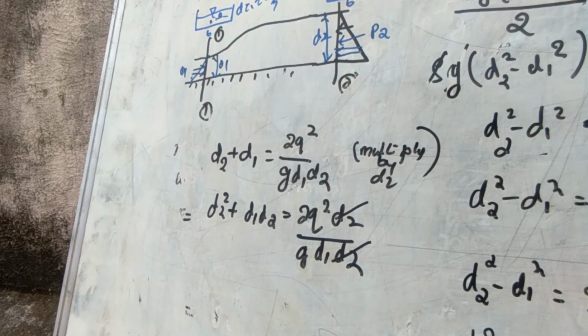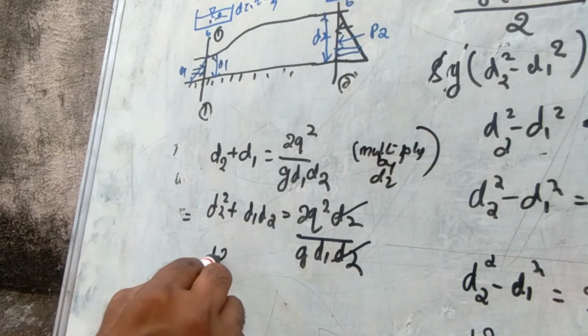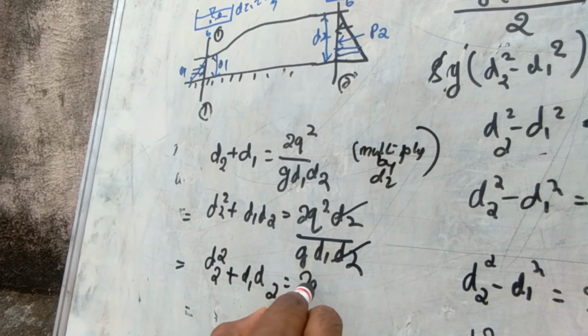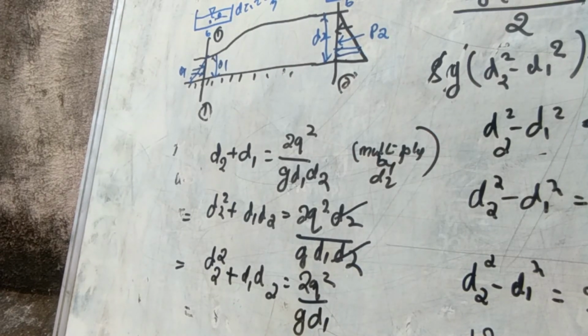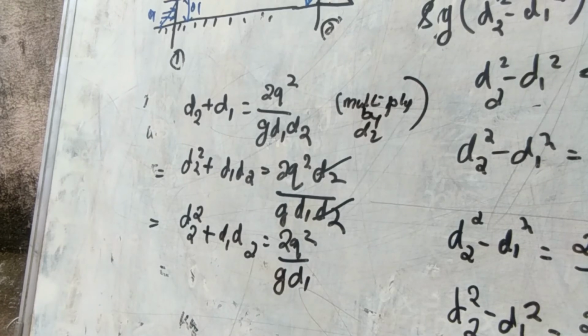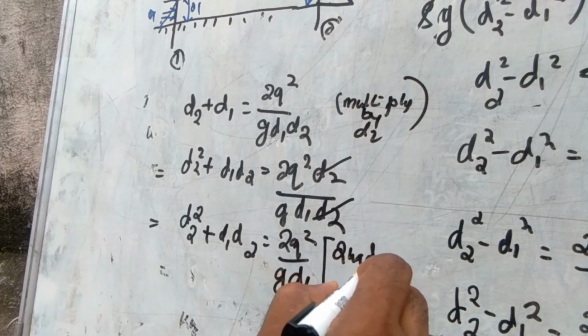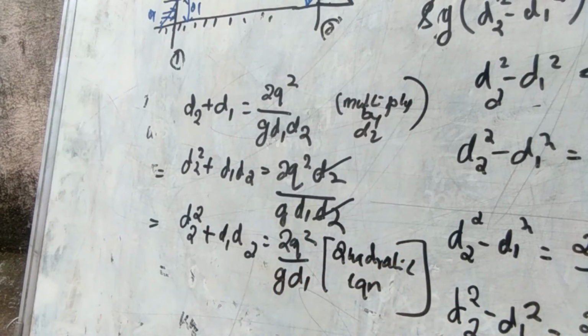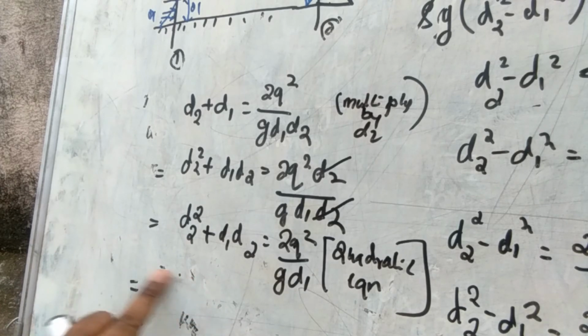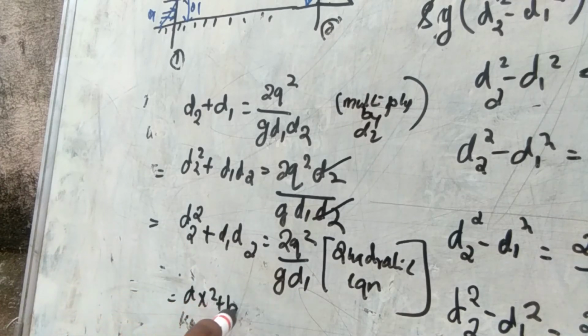Next, what happens? d2 square plus d1 d2 is equal to 2q square by g d1. Then we can write it as a quadratic equation, of the form ax square plus bx plus c is equal to 0.